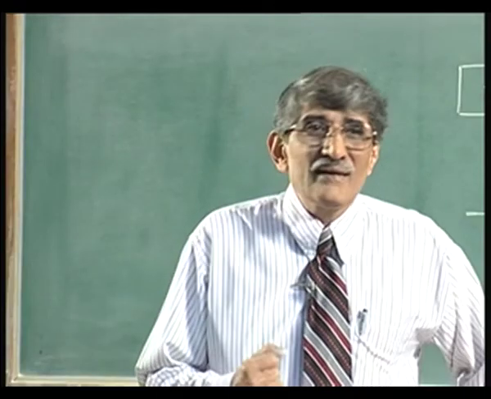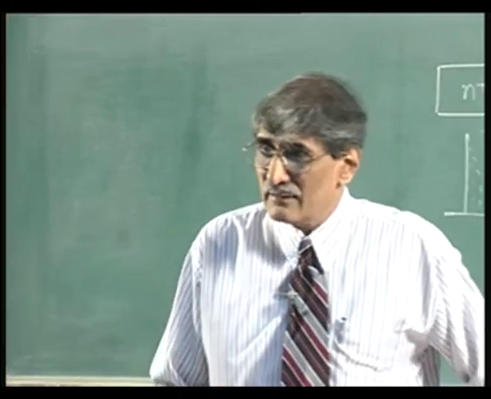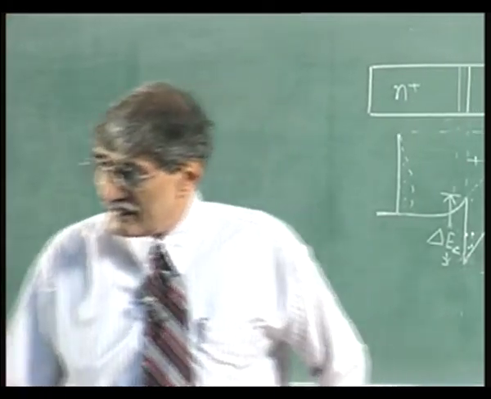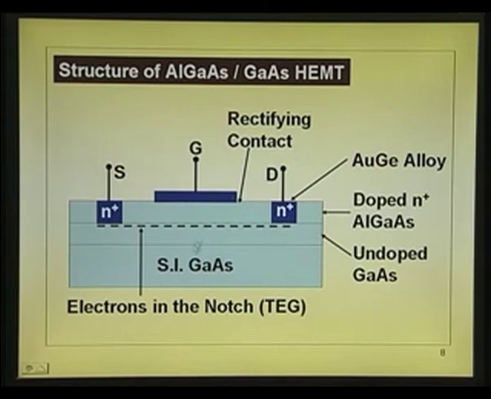In the case of gallium arsenide based technology, you have that metal semiconductor contact, which is rectifying. So, there will be a depletion layer across this. More about the impact of that we will see later, but right now there will be depletion layer width. Now, you can have the depletion layer width chosen, or you can have the thickness of this layer and doping adjusted such that the entire layer is depleted. Entire layer is depleted.